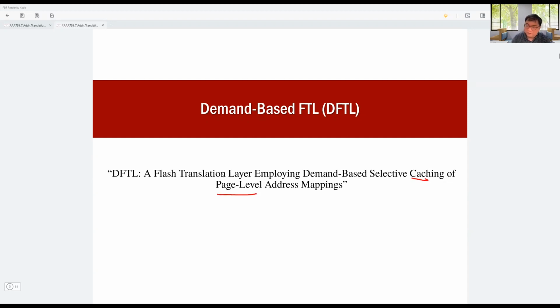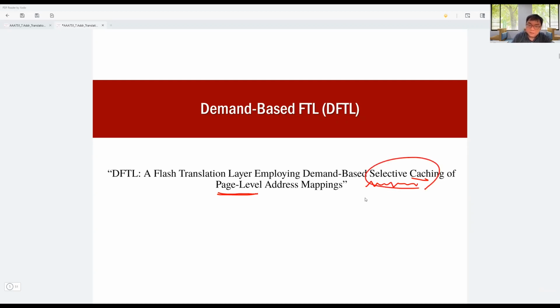So we can find two unique features in the mechanisms used by the authors of this paper: selective caching and page level address mapping.